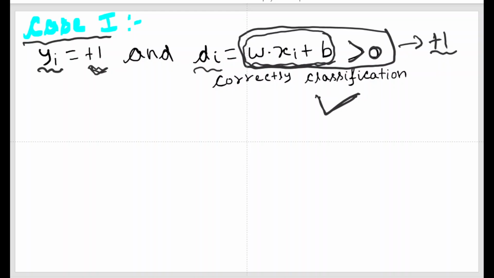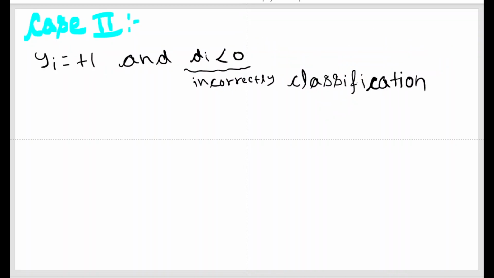Let's see the second case: yi equal to plus 1 and di is less than 0. The actual data is plus 1 and di is saying less than 0. So here we are having incorrect classification of the data, it is not classifying correctly.